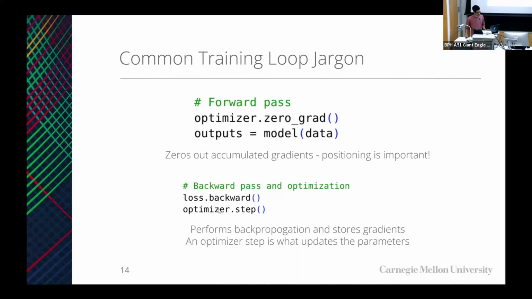As we see here, loss.backward essentially does backpropagation and stores the gradients for every parameter inside each parameter. And then optimizer.step, for us we've defined the optimizer to be Adam, that actually goes ahead and updates all of the parameters in our network. So essentially the number of times you're calling optimizer.step is the number of times the parameters of your network change.